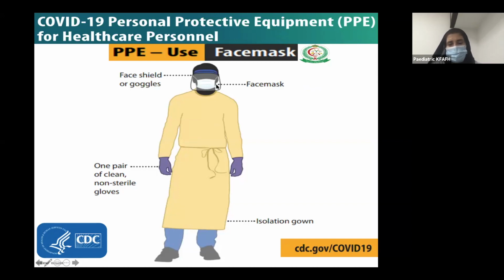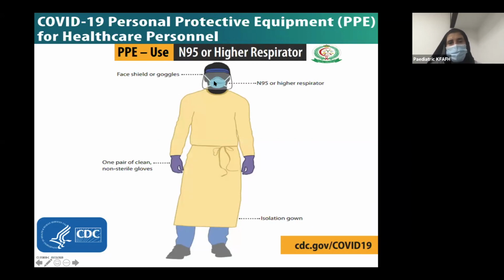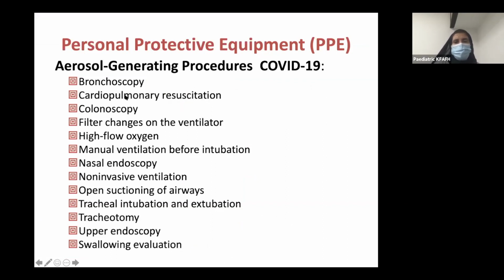So a surgical mask, and goggles or a face shield. And if you are in aerosolized procedures, or in a negative pressure room because of the patient's requirement, you need to wear your N95. Now, what are the aerosol-generating procedures? These are bronchoscopy, resuscitation, colonoscopy, endoscopy, high flow oxygen, tracheotomy, upper endoscopy, swallowing evaluation.